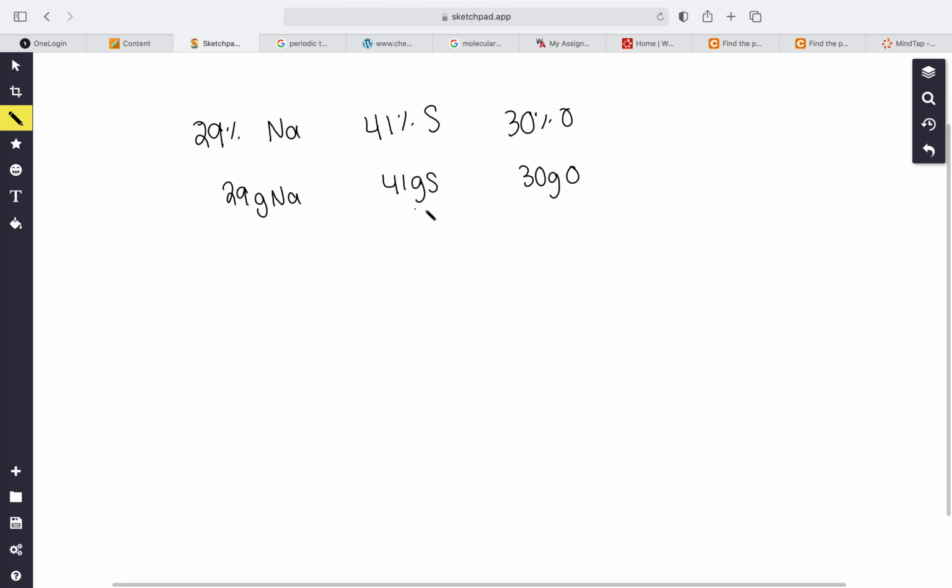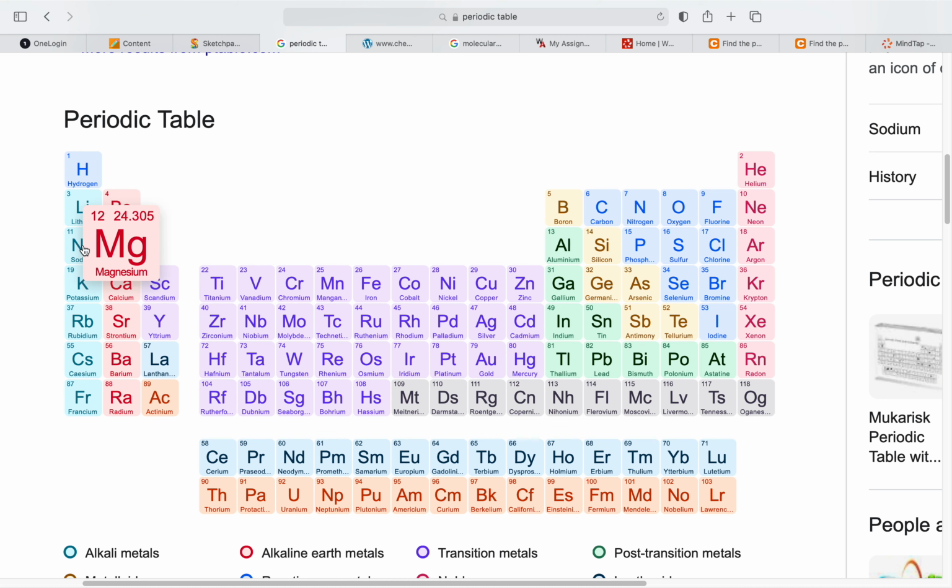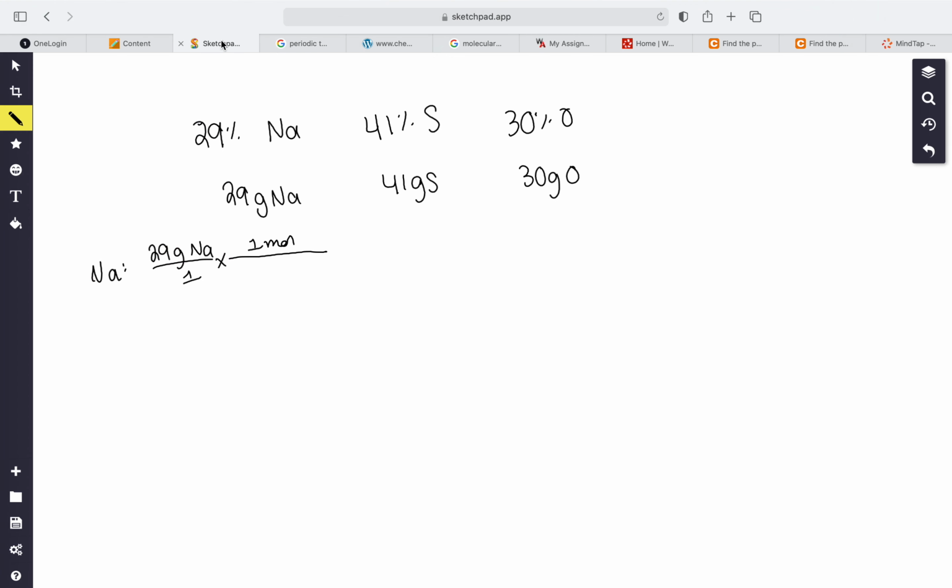And then from there, I had to find the mole ratio of each, right? So we do that by taking the grams given, and we are going to divide by the grams per mole of that element, right? So sodium, I think it's 22 point, I'm just going to write 23 grams of sodium.